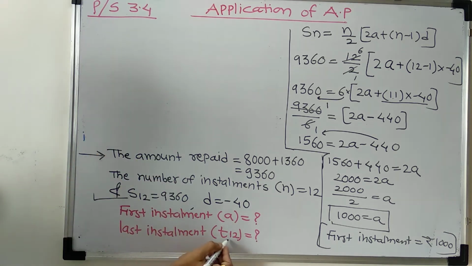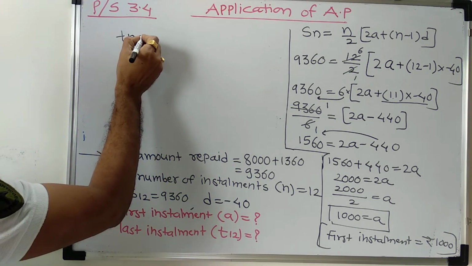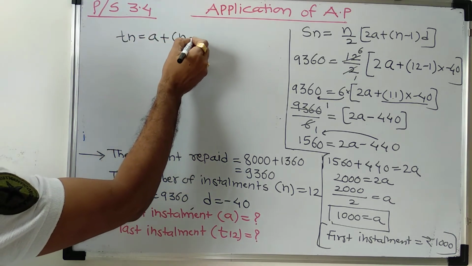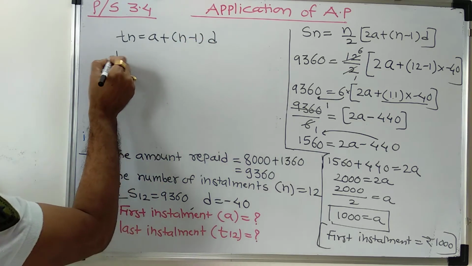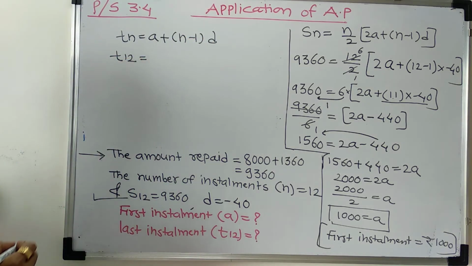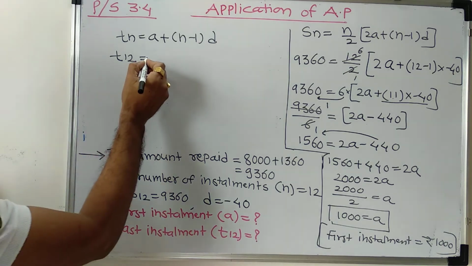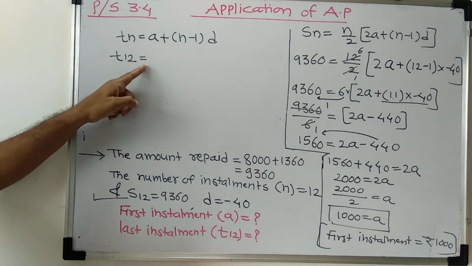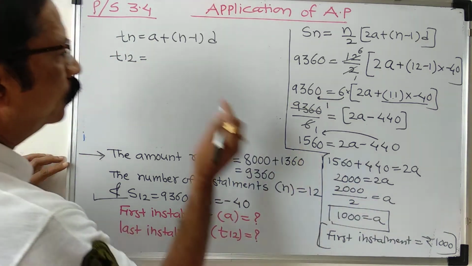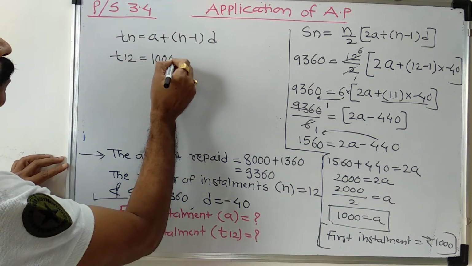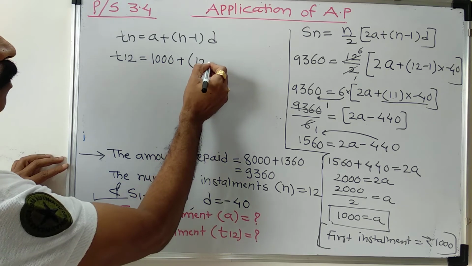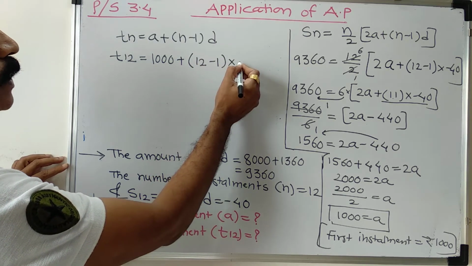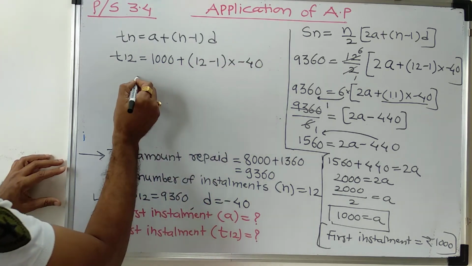So in order to find the last installment, we will use Tn is equal to a plus n minus 1 into d. For the last installment you have to substitute n is equal to 12. Now substitute the values. A means first installment, which you just calculated, 1000, plus n, 12 minus 1, into d, minus 40.